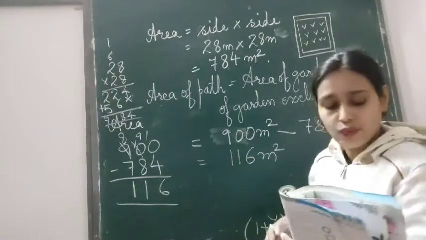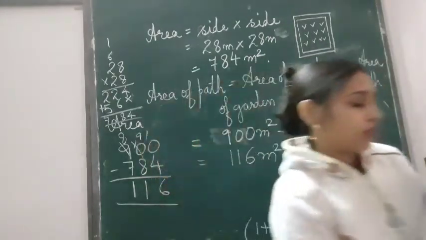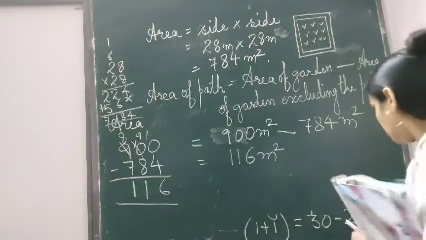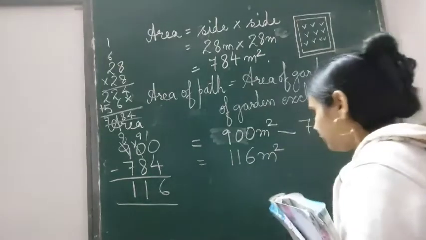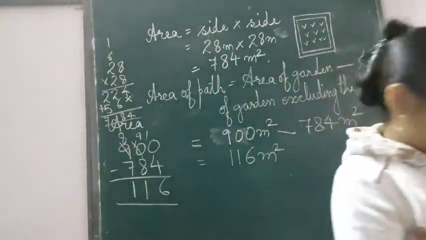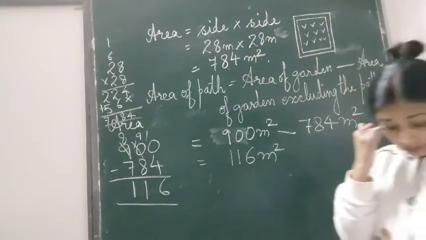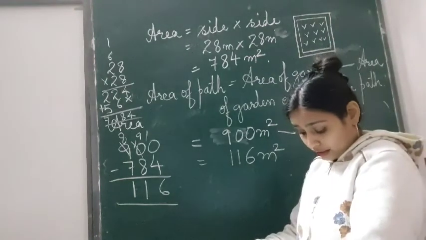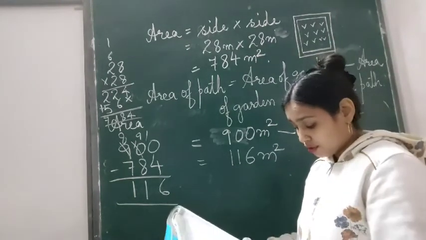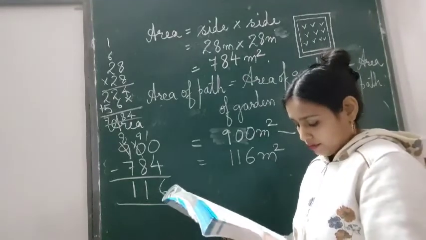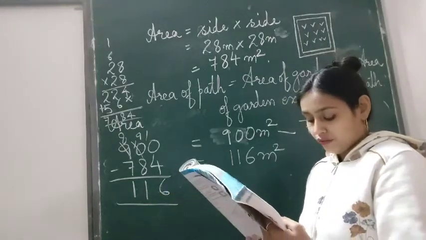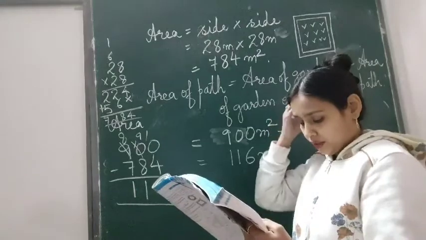So let's write what is given about the grass. Let's start. The cost of planting grass in the remaining portion of the garden at the rate of rupees 40 per meter square.